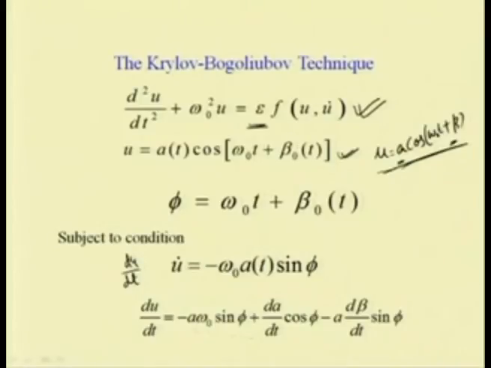So, we have these three terms, but Krylov and Bogoliubov made the assumption that this equation will be the solution of the original equation, that is d square u by dt square plus omega 0 square u equal to epsilon f(u, u dot), subjected to the condition that u dot will be equal to minus omega 0 a sin phi.